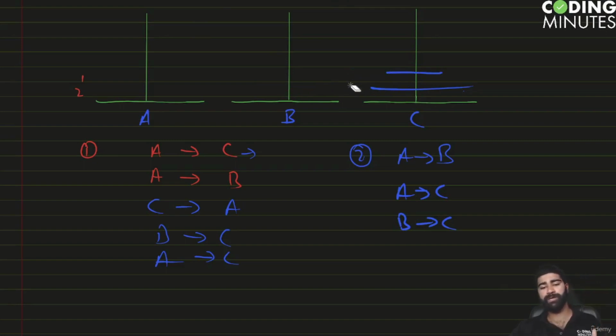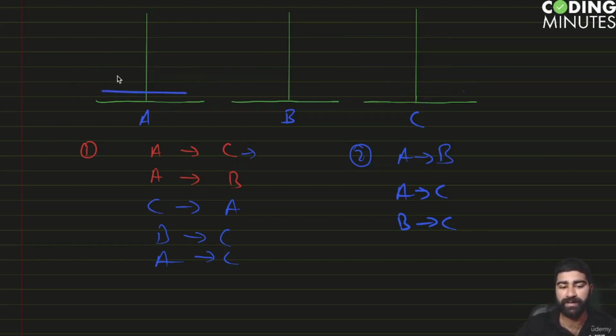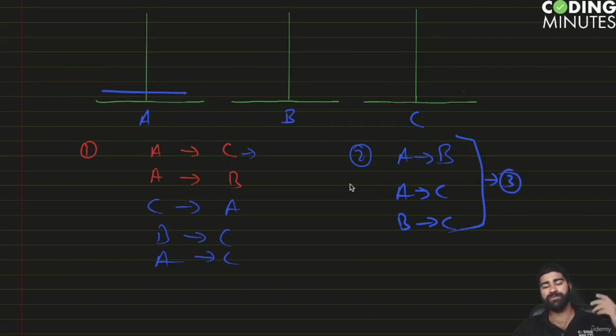We want to use B. We want to start placing the disk from A to C, right? So yeah, I hope there is no doubt here. Of course, you feel free to try this for three disks, right? So here you can see the shortest path was of three length, right? So in just three steps, I was able to move two disks from A to C using B.